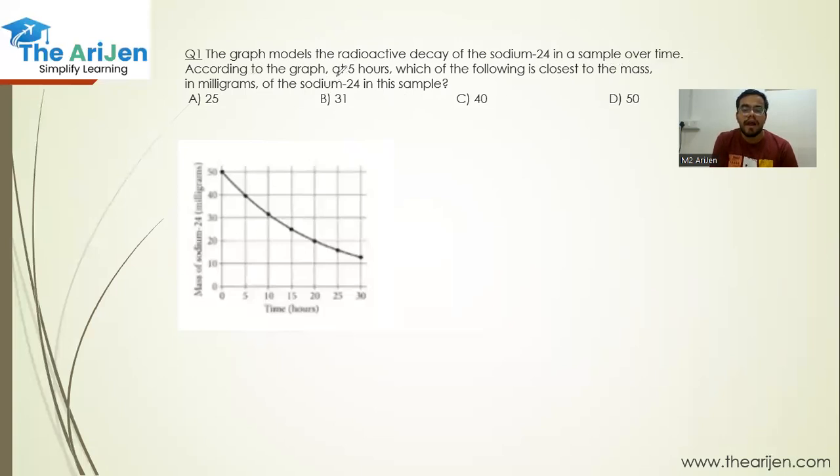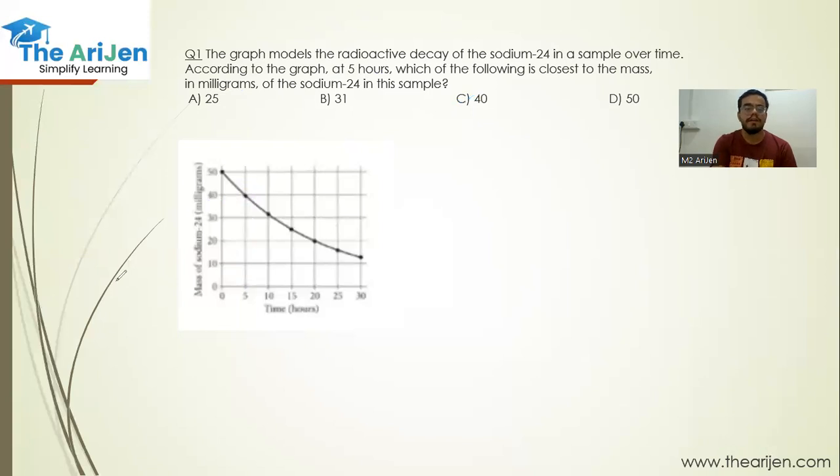At 5 hours, which of the following is the closest to the mass in milligrams? If you have a look, at 5 hours it is 40. So option C is the solution. This was an easy question.